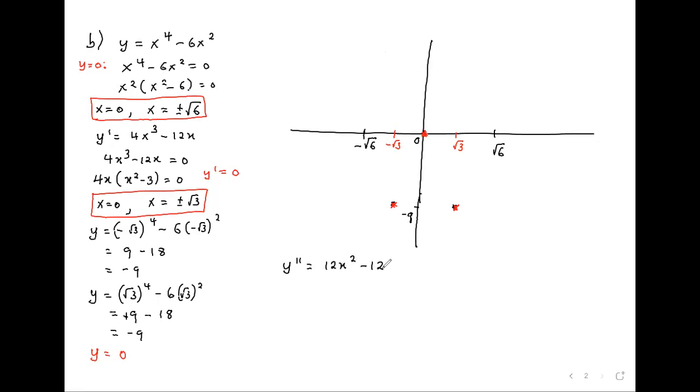You substitute 0 here, we'll get negative 12, indicating that that point there is a maximum point. And it can only be maximum if the graph comes this way. That is our graph.